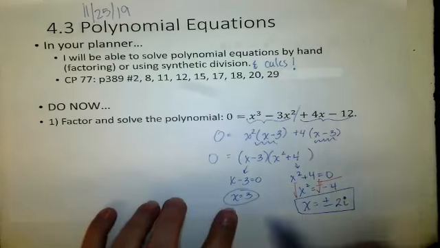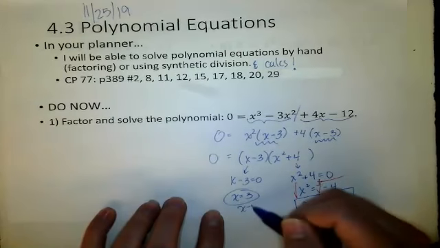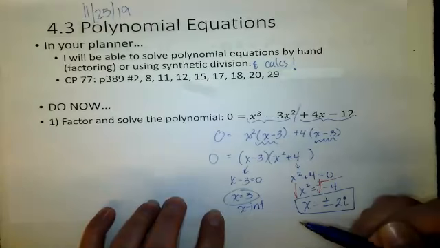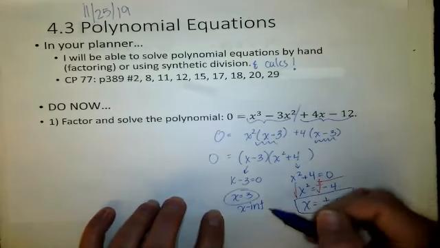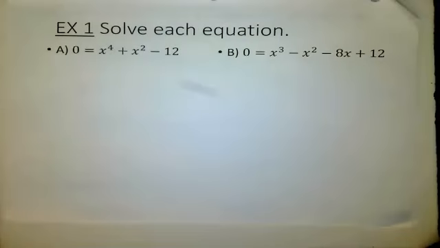And that's because when we're solving for x, this is an x-intercept, which we can get from our calculator and sort of reverse it and use some division. Okay. Let's see. Example 1, solve each equation. So you probably want your calculators out eventually.